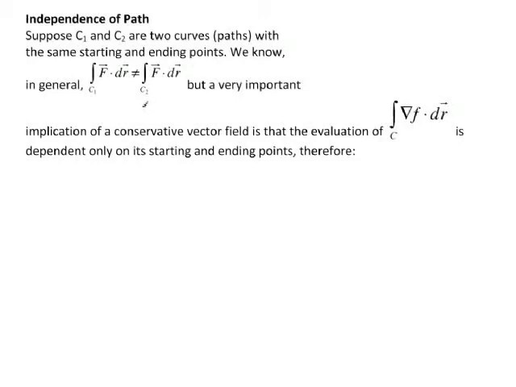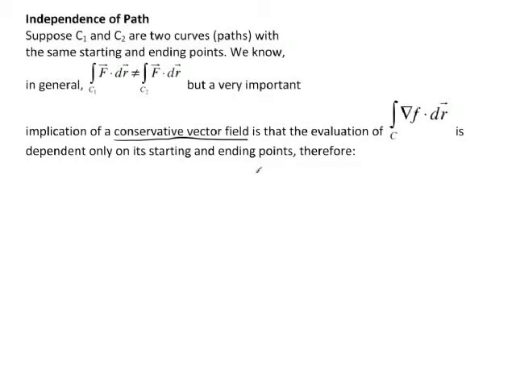But an extremely important implication of a conservative vector field is that the evaluation of this line integral is actually dependent only on its starting and ending points. That's it.